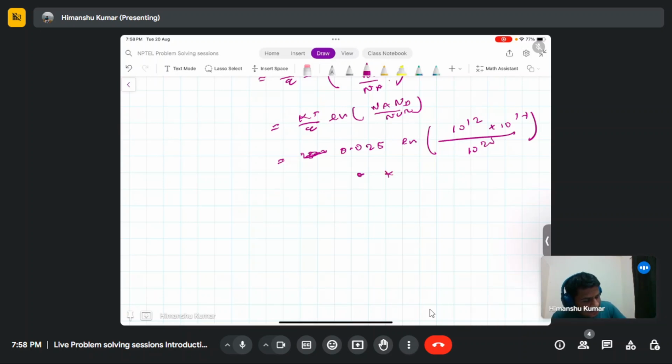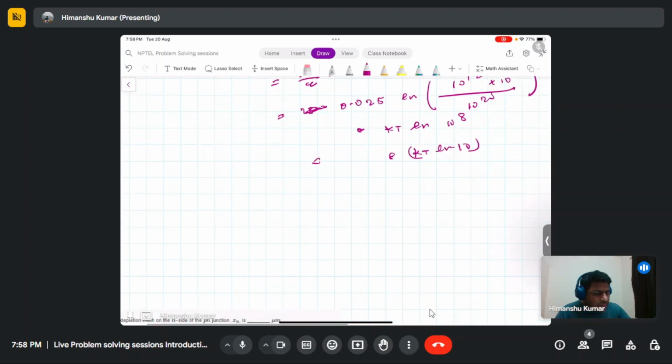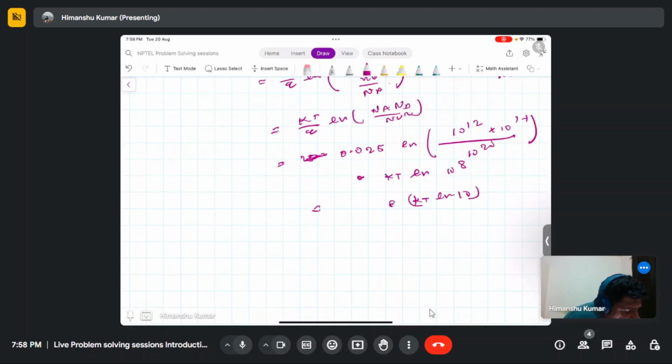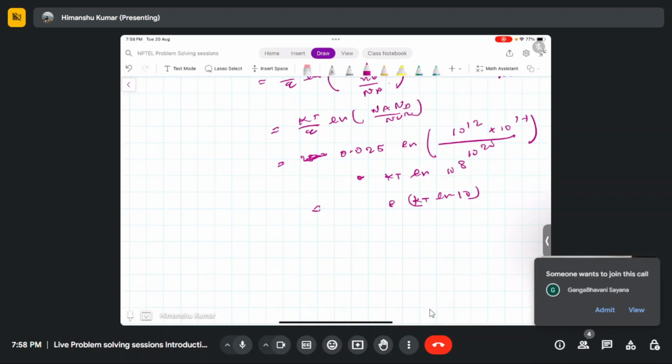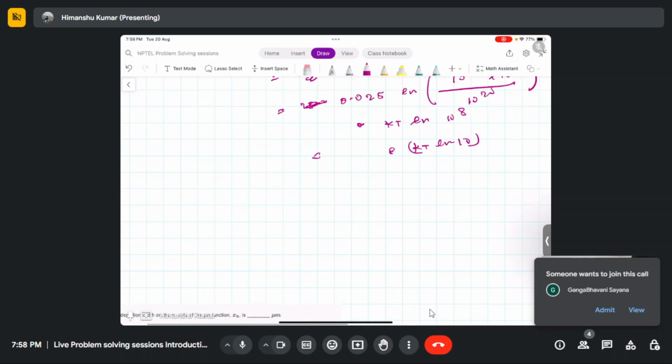This will become 10 power 8, or 8 Kt ln 10, and Kt ln 10 is around 60 millivolt. So remember this number.